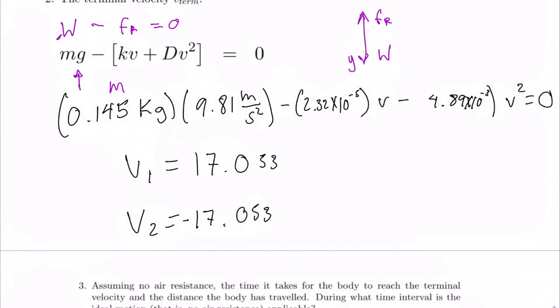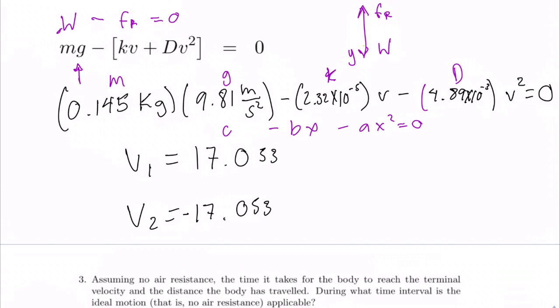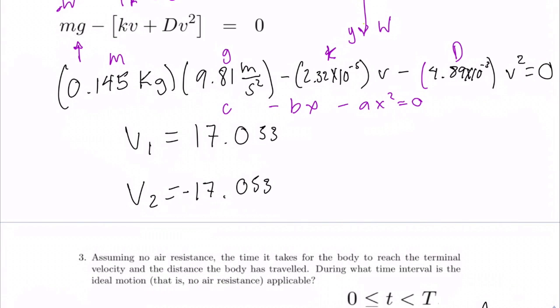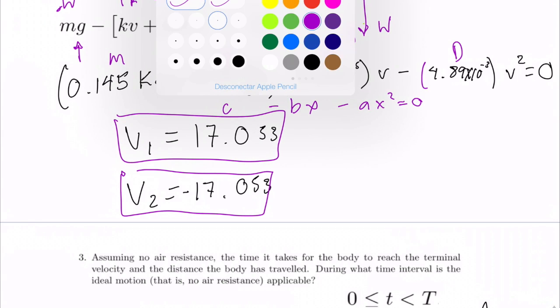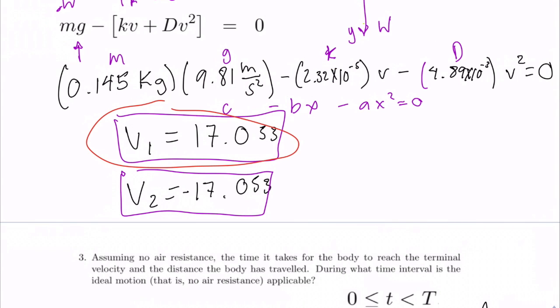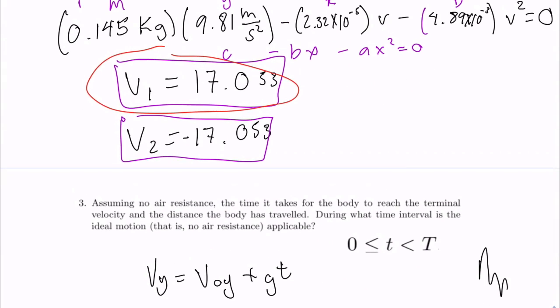This is the mass, this is gravity, this is the k coefficient, this is the d coefficient, and as we see, it's a quadratic equation. So we solve for v and we get two values. We're going to choose the positive one, that is this one, and this is our terminal velocity.